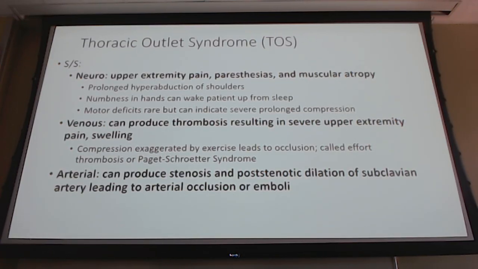Motor deficits are rare, but can indicate prolonged severe compression. Then venous, you can have thrombosis, which then causes pain and swelling of their arm. Okay, and then if it gets to arterial, can produce that stenosis within the arterial system, which causes arterial occlusion and emboli.